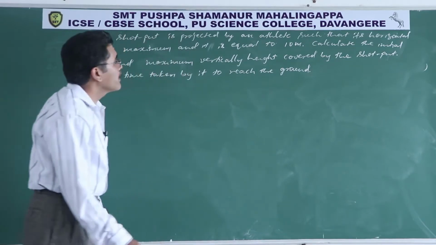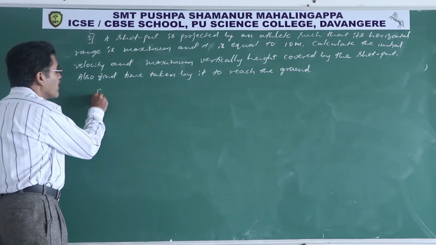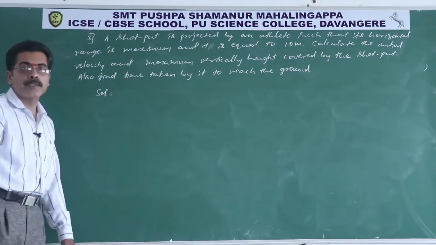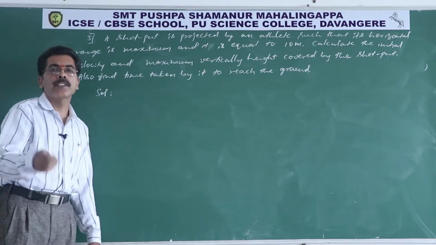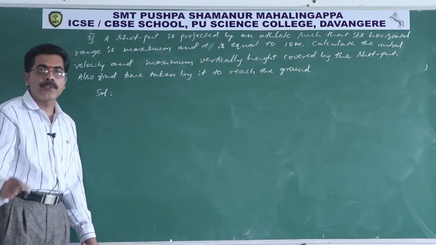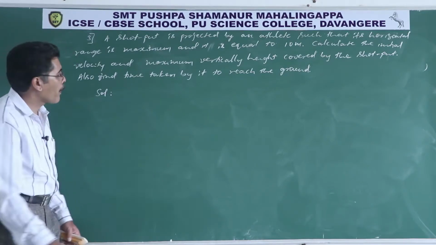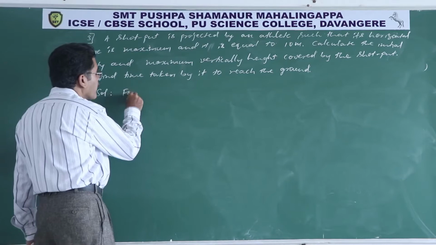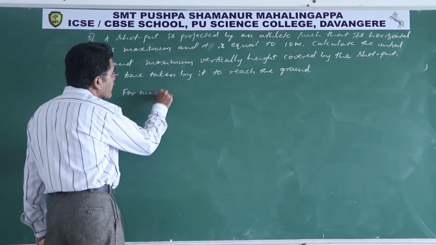See, in this case they have given that range is maximum. For maximum range, as we have discussed in the previous class, the angle of projection should be 45 degree.